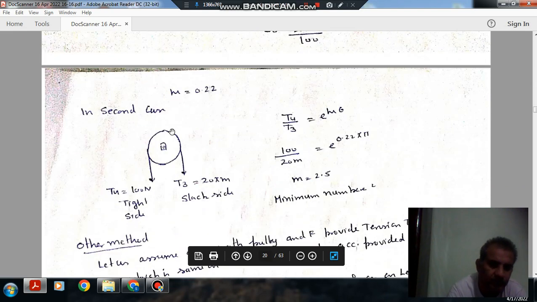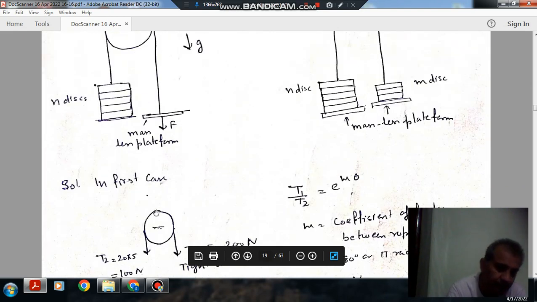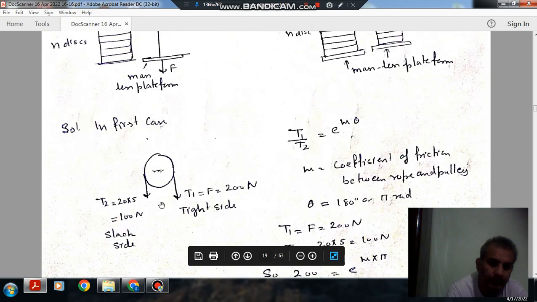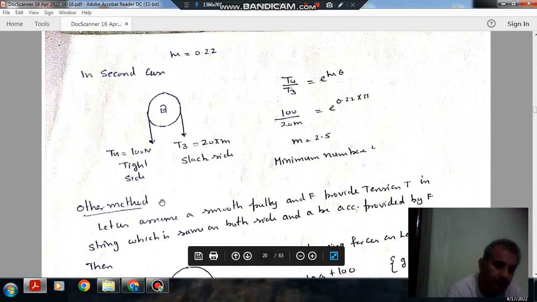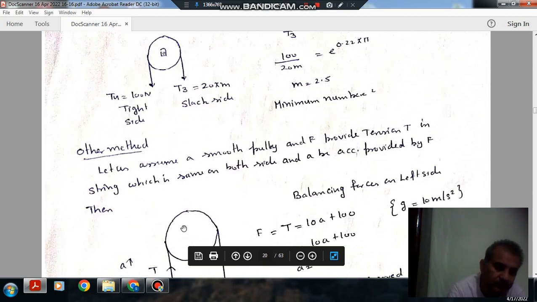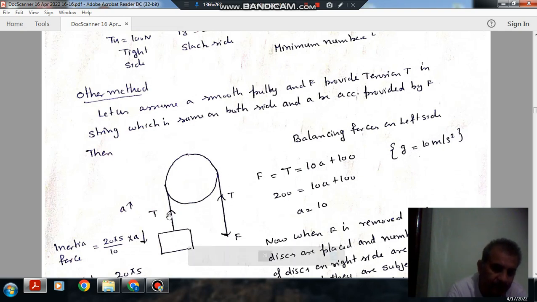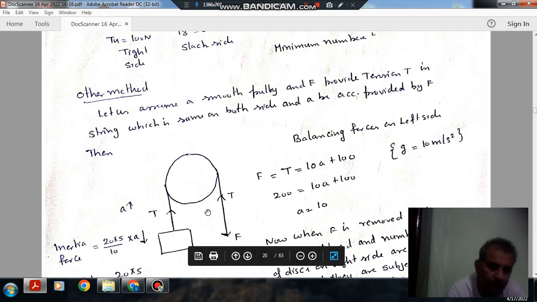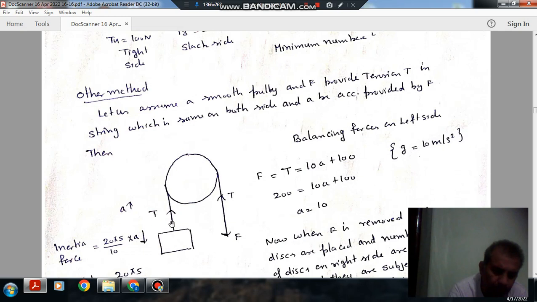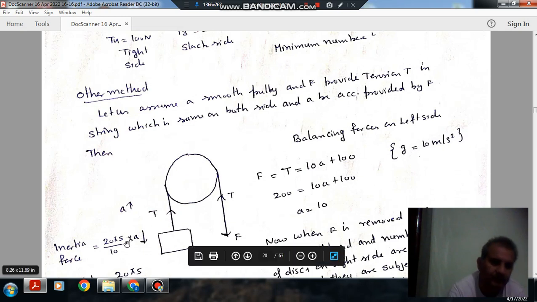So this is one method, when the friction in the pulley is considered. Now let us assume that the pulley is frictionless. The force F produces tension T, and this tension T is the same on the other side. The equilibrium condition is maintained by applying inertia force.